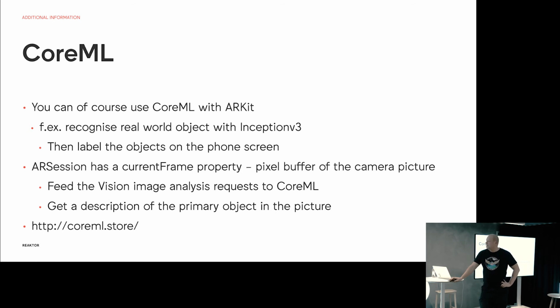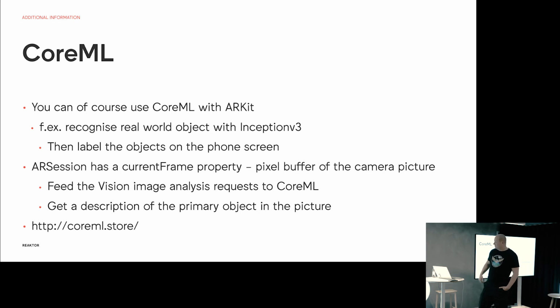For example, if you want to recognize real-world objects from the camera picture, and maybe label them. For example, if it detects that okay, there's a remote control and a hammer and a nail, it can label those.